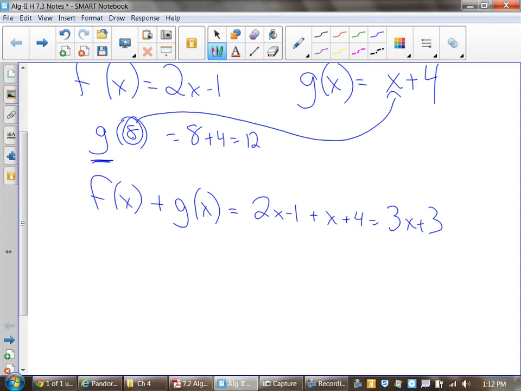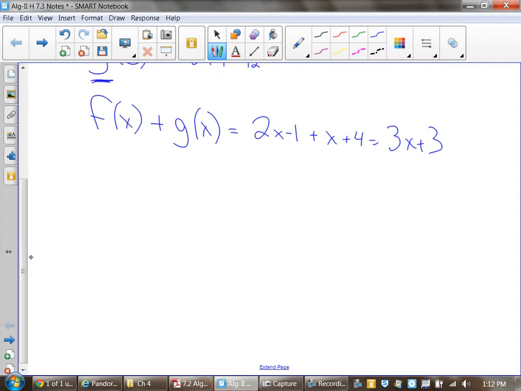Okay. So for example, we'll use the same f of x and g of x here. And this is where the newness comes in. I'm going to do what's called a composite: f of g of x.